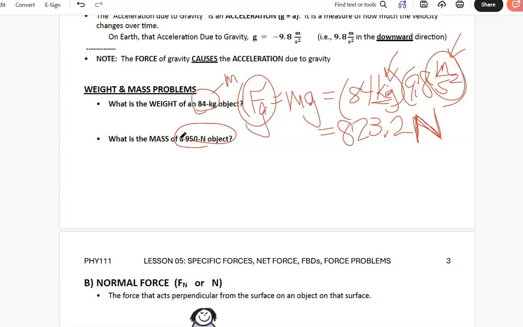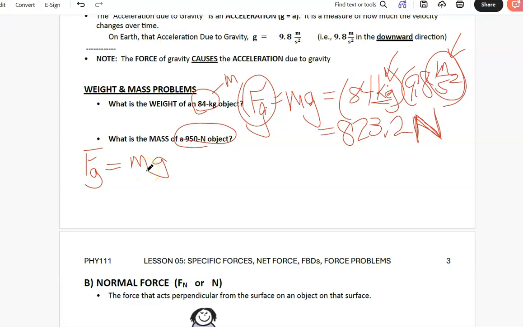If they're saying this is a 950 Newton object, they're referring to a force, specifically the weight force. So they're telling you the force is equal to 950 newtons.